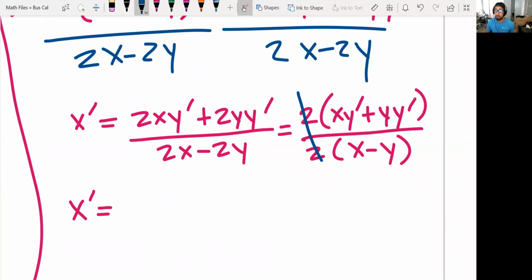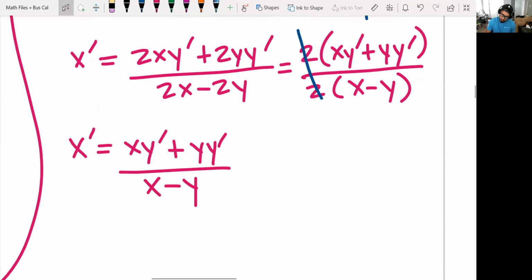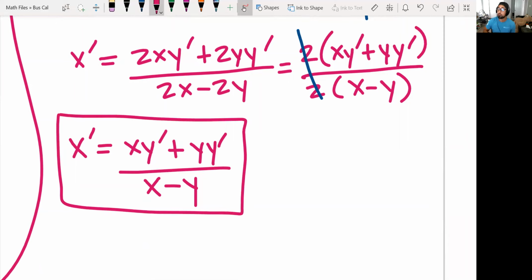Those 2's cancel, and we get our final answer here: x y prime plus y y prime over x minus y. And here is the implicit derivative solving for x prime.